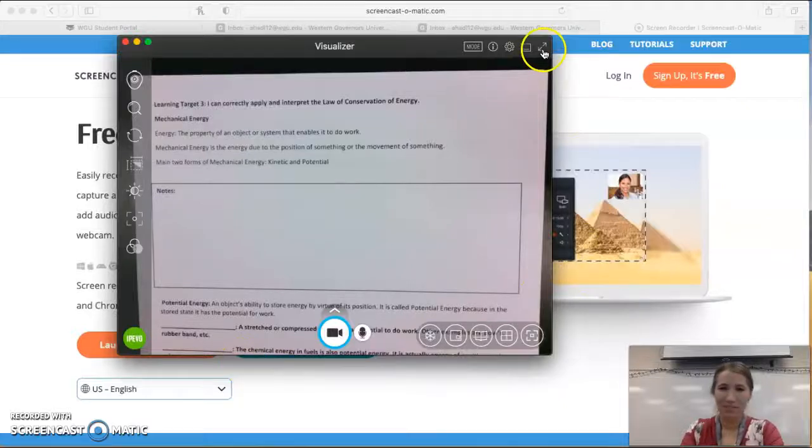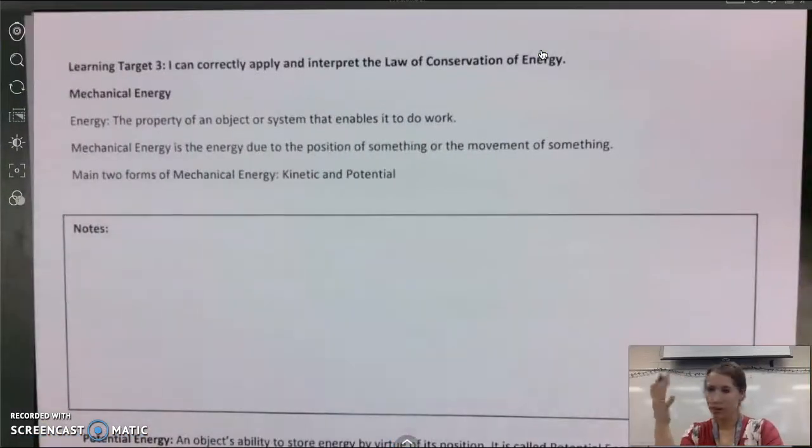Hello, everyone. So, we're going to talk about conservation of energy, and we're going to focus our calculations around mechanical energy. We've discussed two main types of mechanical energy, the first being kinetic, the second being gravitational potential.